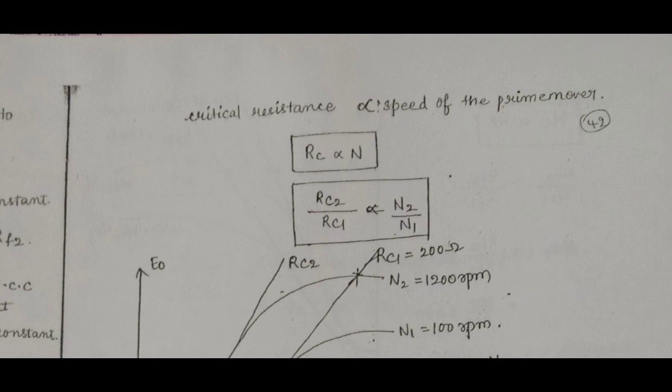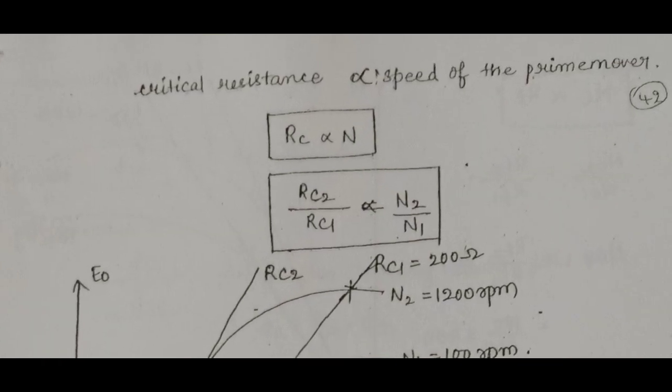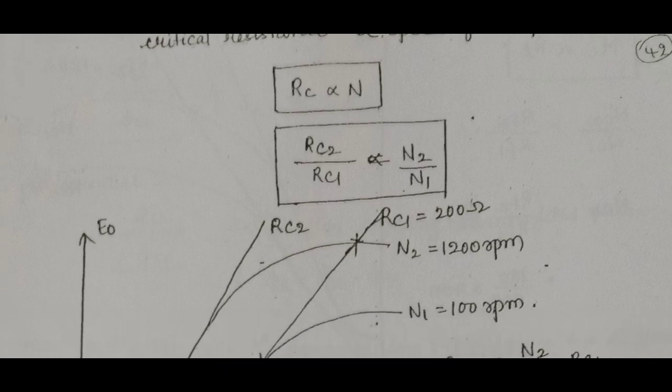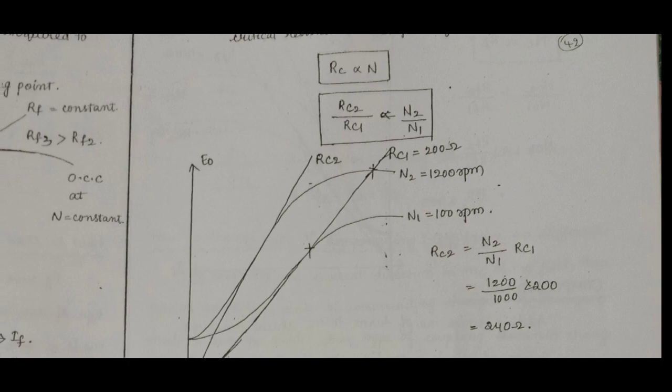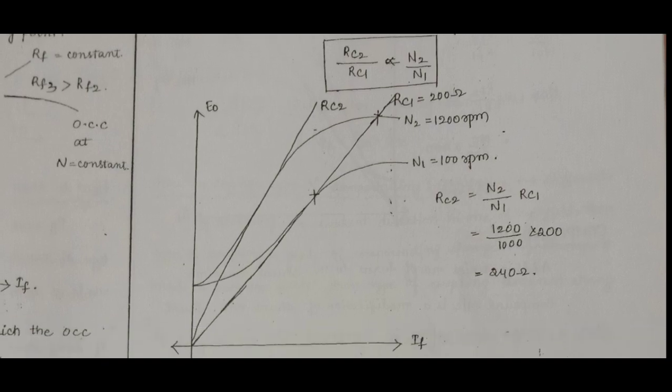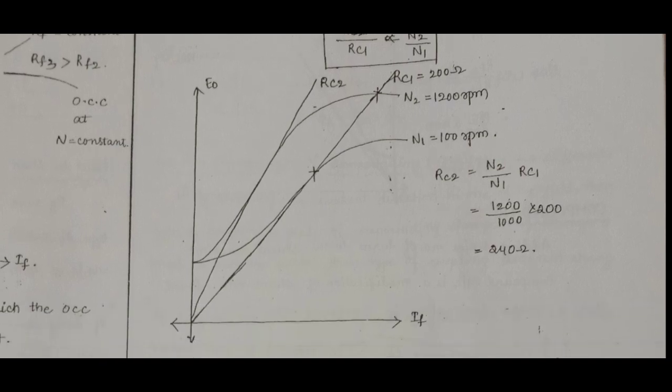Critical resistance is proportional to speed of the prime mover. So RC2 by RC1. At two different speeds, IF versus E0, that is the OCC curve, the open circuit characteristics, are drawn between IF, the field current, versus generated EMF for two different speeds.